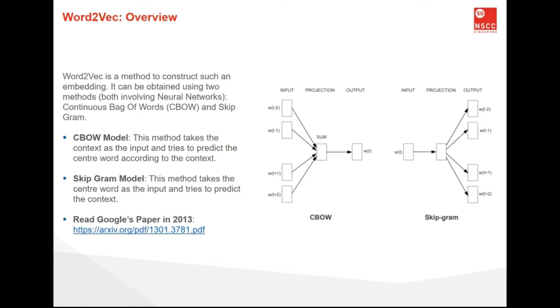In the continuous skip-gram architecture, the model uses the current word to predict the surrounding window of context words. The skip-gram architecture weights nearby context words more heavily than more distant context words. According to Google's research, continuous bag of words is faster, while skip-gram does a better job for infrequent words.